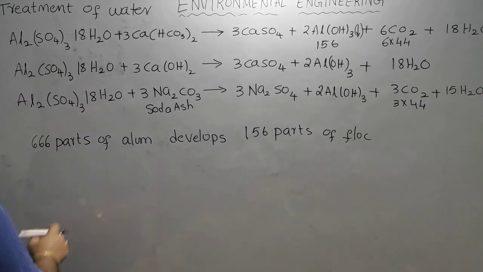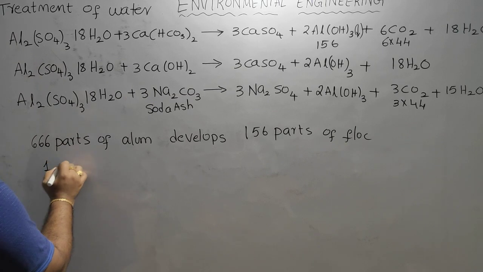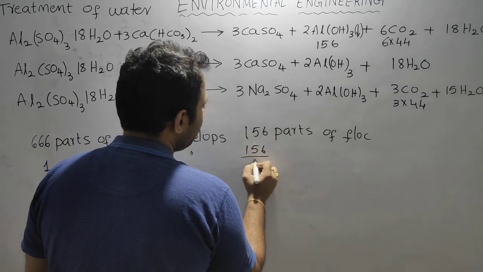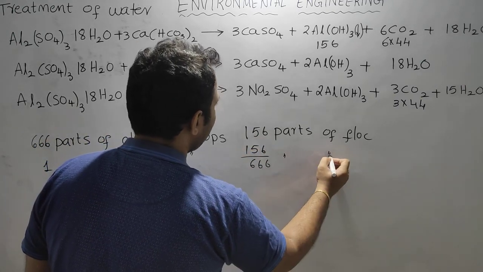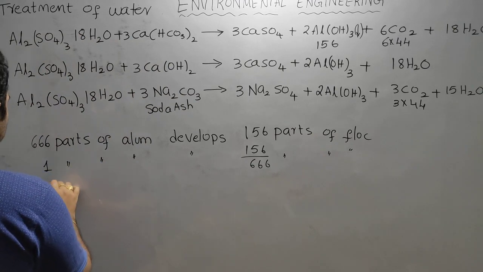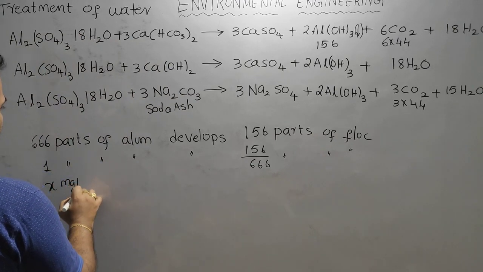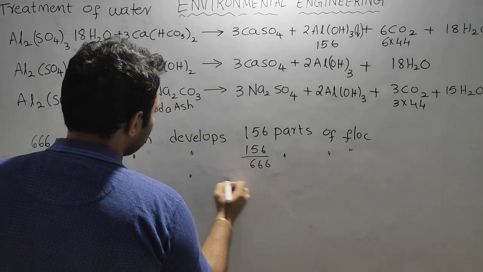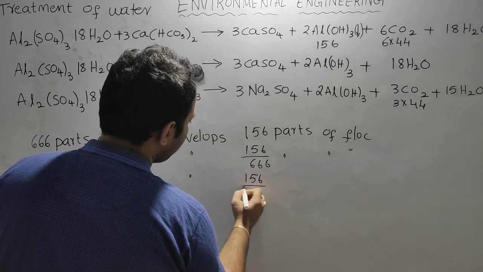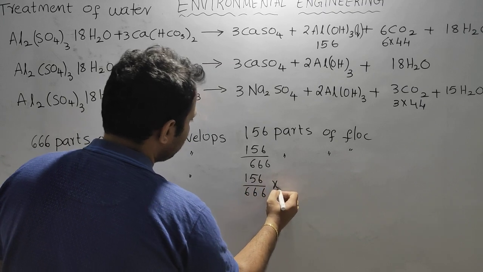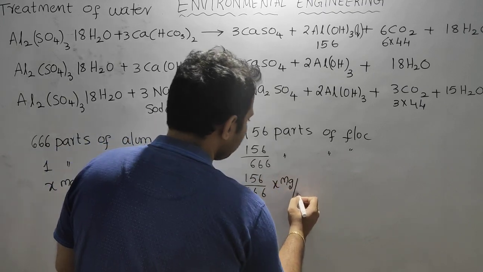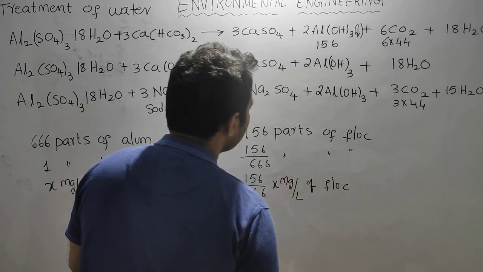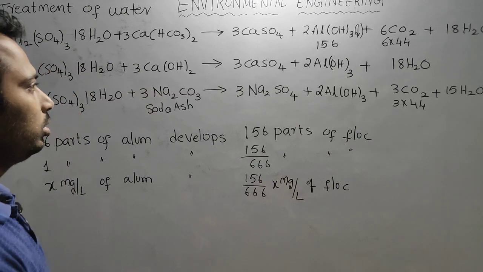So now one part of alum develops 156 by 666 parts of flock, and x mg per liter of alum develops 156 by 666 into x mg per liter of flock. Okay, so this is flock.